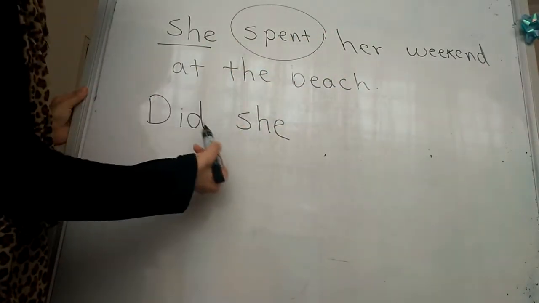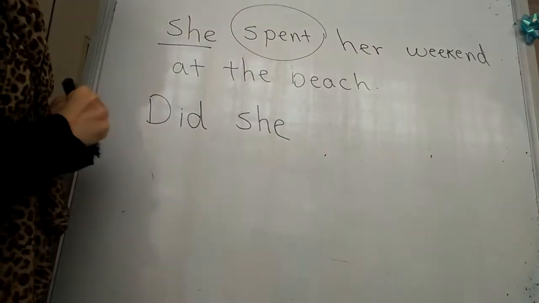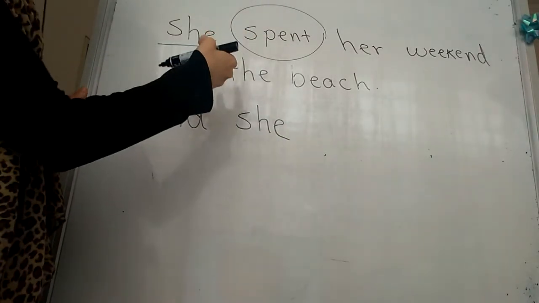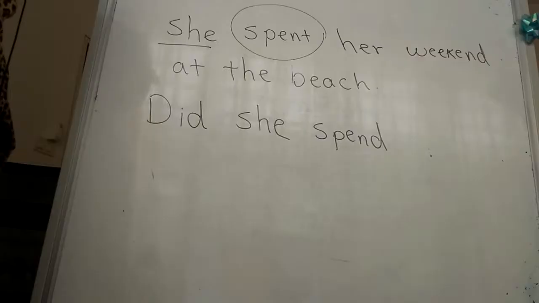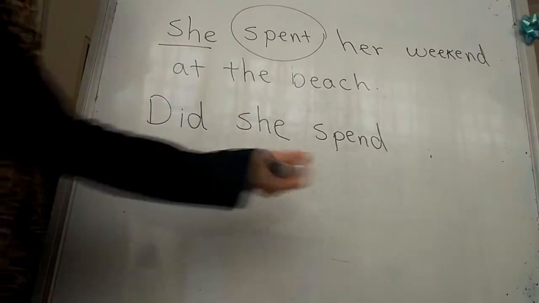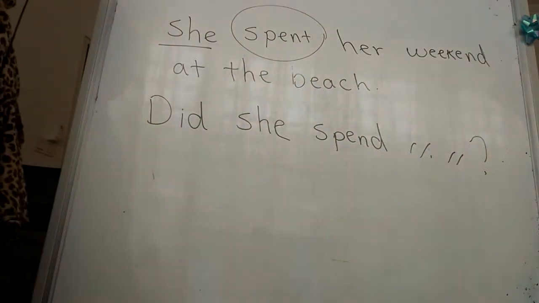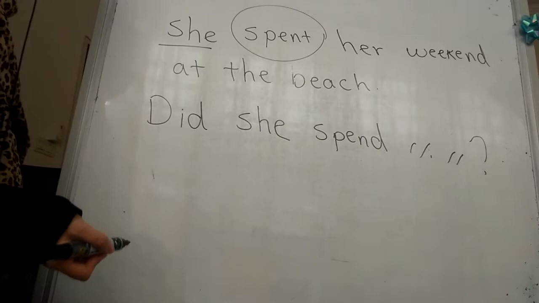And then after that, we look again at the verb. The verb here is spent. So what we need to do is change it to the base form. Okay, so here, did she spend, and then her weekend at the beach. All right, so this is what you always need to look at.